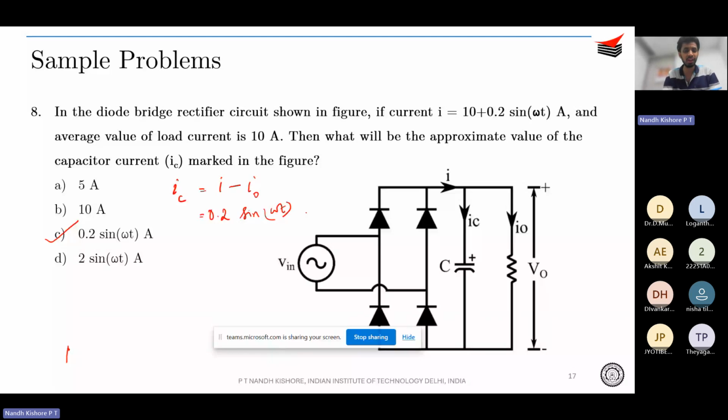That will never happen during steady state. So obviously the capacitor current is always a ripple, always an AC quantity. That is why you can also tell that it will simply be 0.2 sine omega t. Again, a very simple question.